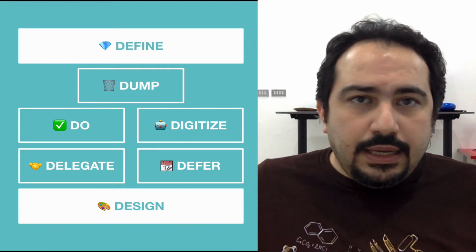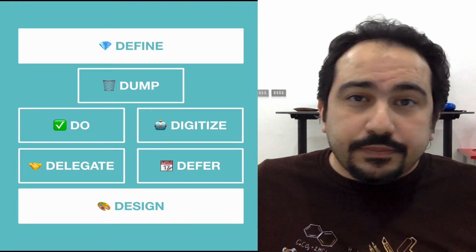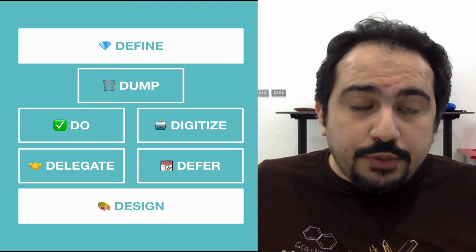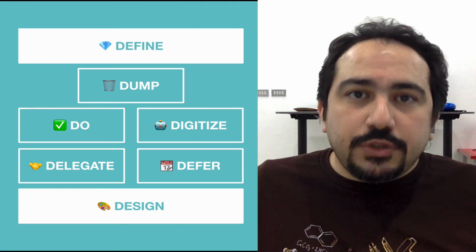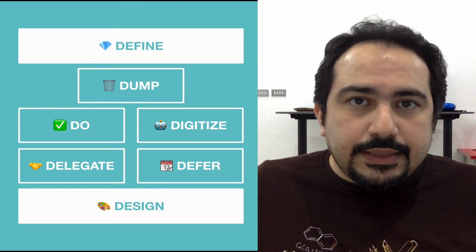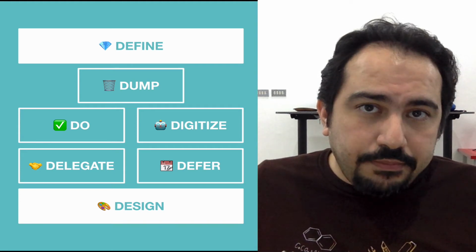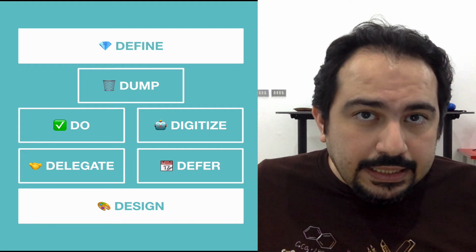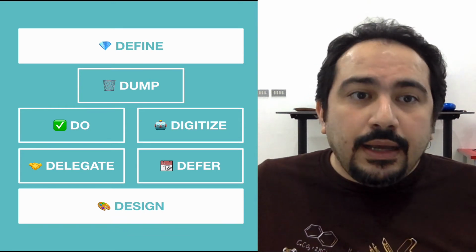So maybe it's deciding on the newsletters you're going to unsubscribe from, deciding on the requests that you will refuse. As soon as you receive them, you will apologize and not take them on. So setting filters to decide what to dump is a way of designing your workflows and designing your decision making.